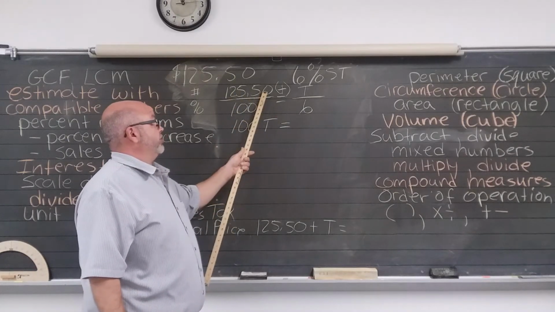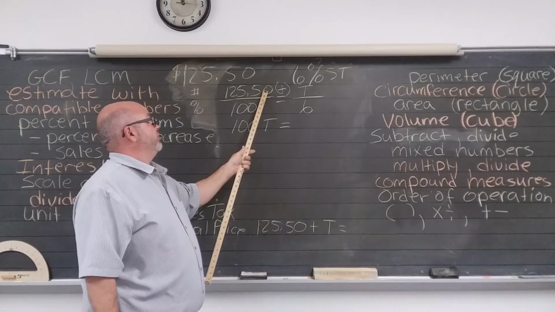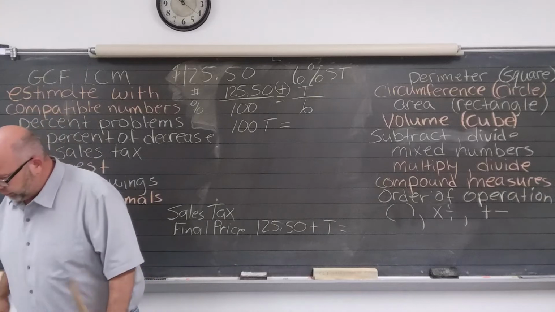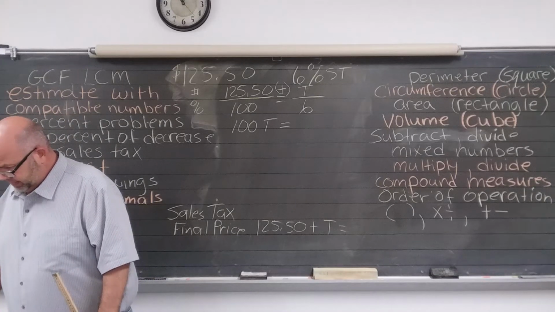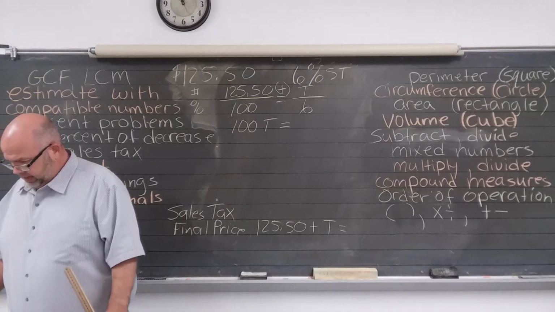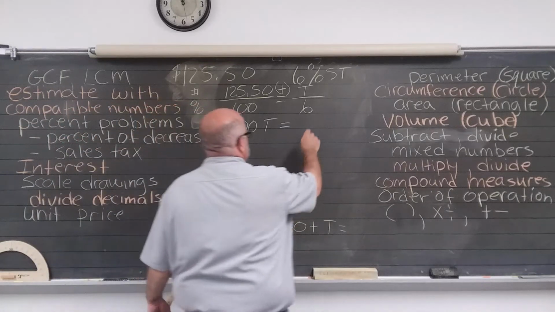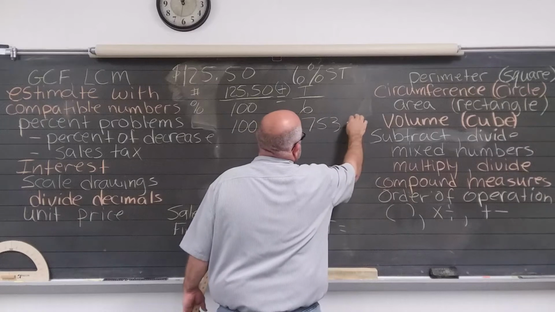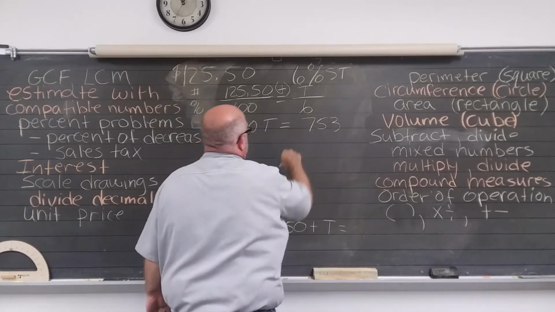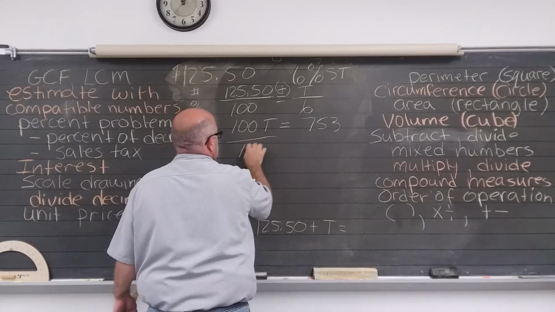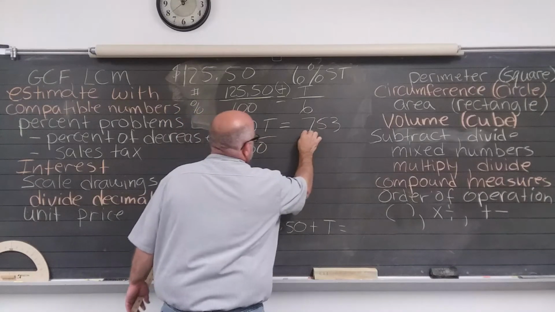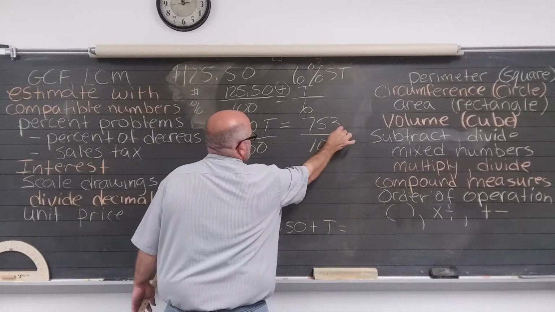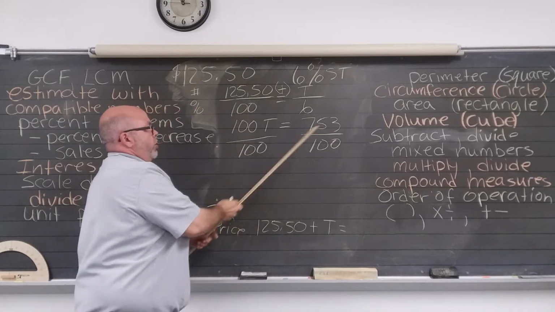Carefully do 125.50 times 6. You can actually drop that 0 off. So 125.5 times 6 equals 753. You might have a decimal and a 0. You can drop that. 753 divided by 100. When you divide by 100, here's an invisible decimal point on a whole number.